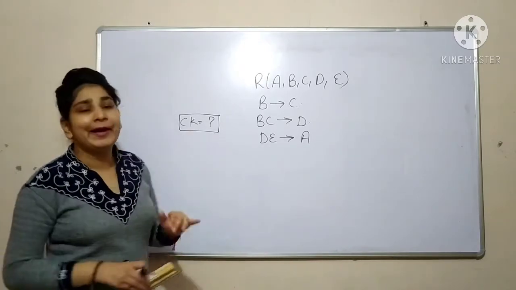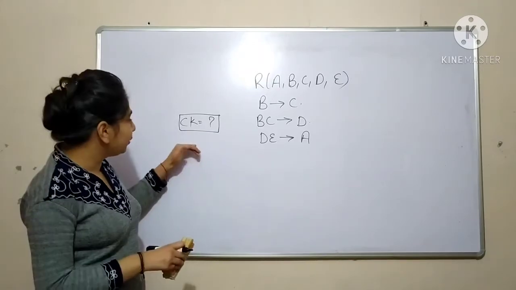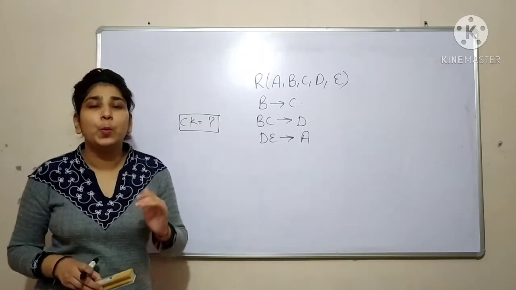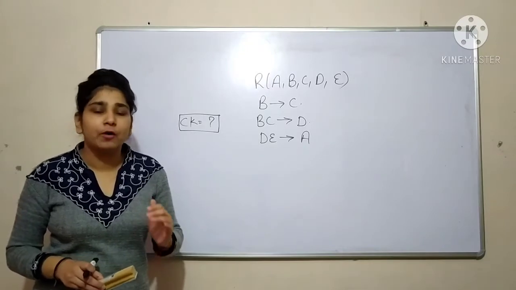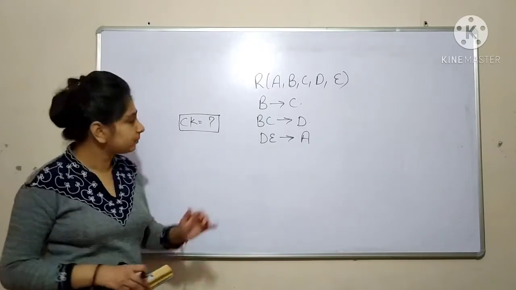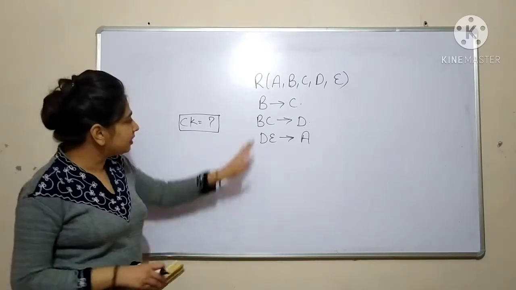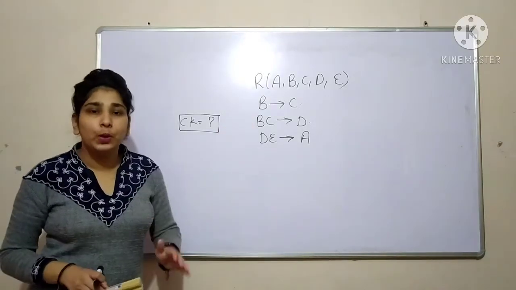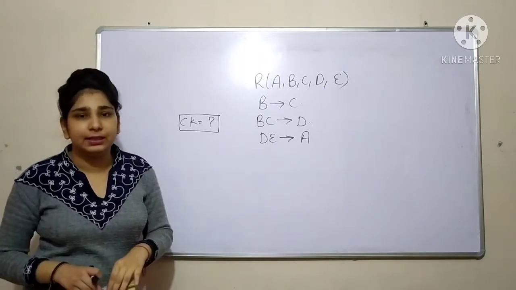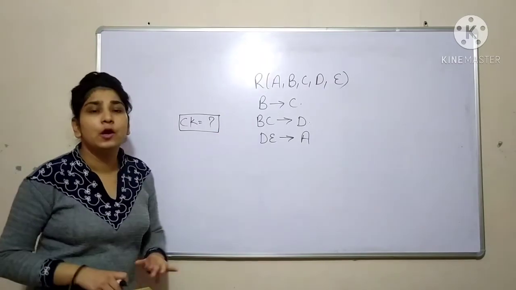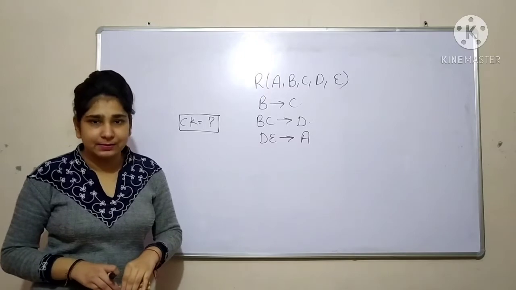With the help of a candidate key, you can determine the value of any attribute of the relation. Now take a look at these functional dependencies. We have to find the candidate key with the help of these functional dependencies.